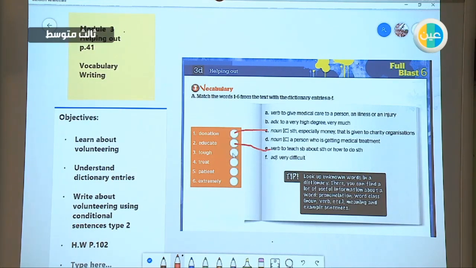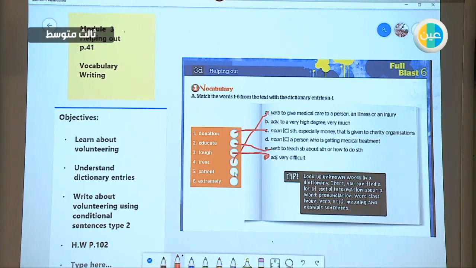What about tough? What do you think the meaning of tough is and which part of speech is it? So tough is F, which means very difficult. And it's an adjective. Treat. Treat is a verb which means to give medical care to a person, an illness, or an injury.